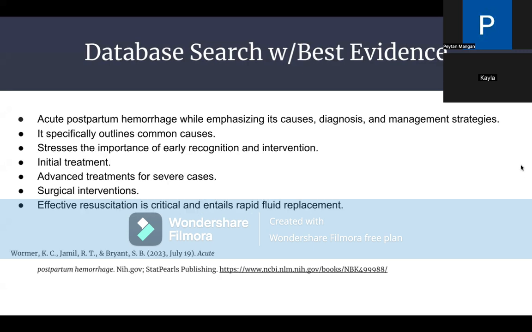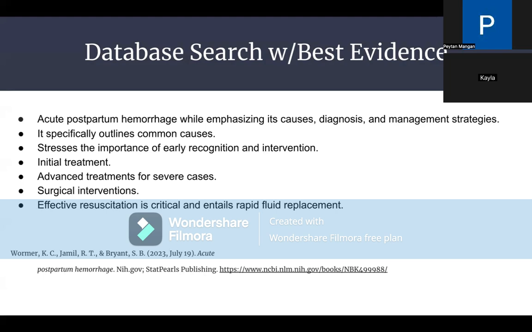All right, our next article was Acute Postpartum Hemorrhage, and it discusses acute postpartum hemorrhage while emphasizing its causes, diagnosis, and management strategies. It specifically outlines common causes like uterine atony, trauma, and coagulopathies, and stresses the importance of early recognition and intervention. Initial treatment involves uterotonics and mechanical methods, like a uterine tamponade, to control bleeding.